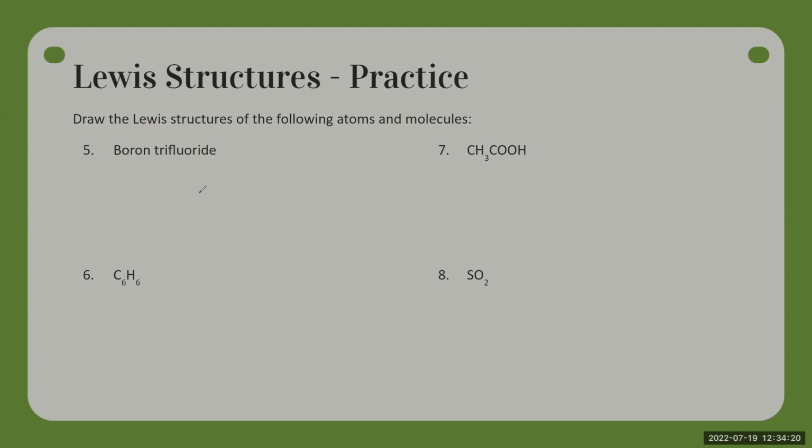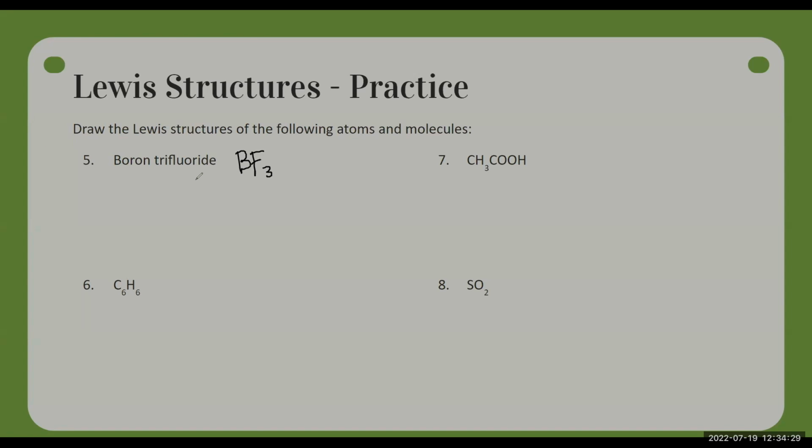All right, so for this first one, we have boron trifluoride. So this has a formula of BF3. Remember that halogens, so fluorine, chlorine, bromine, and iodine, typically they're going to be terminal. So then what we can do is we can draw the valence electrons or the Lewis dot structures of each one.